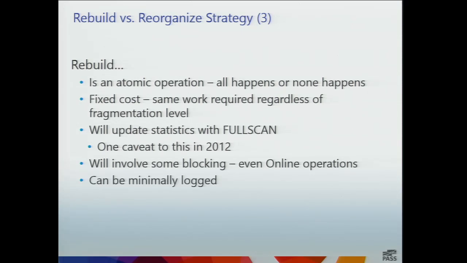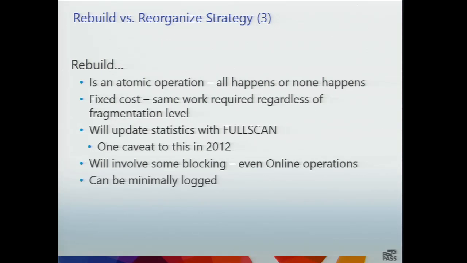We will update statistics with a full scan always, except for one caveat in SQL Server 2012. If you have a partitioned table, you're not always guaranteed a full scan, but it'll be really close. It's going to involve some sort of blocking, even the online operations. There's really no getting around that. But the online operation, even though it takes a little bit longer and is a little more resource intensive, is usually a win because it involves a lot less locking.